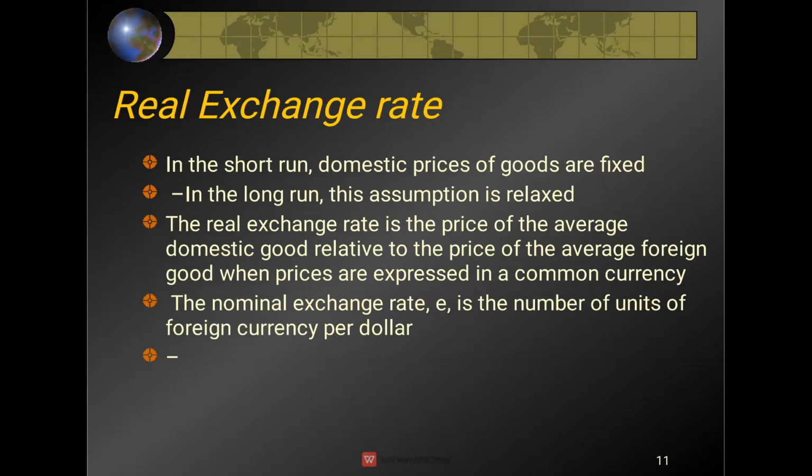Now, in the short run, domestic prices of goods are fixed, right? But in the long run, this assumption is relaxed. So the real exchange rate is the price of the average domestic good relative to the prices of the average foreign good when prices are expressed in a common currency. I'll repeat.